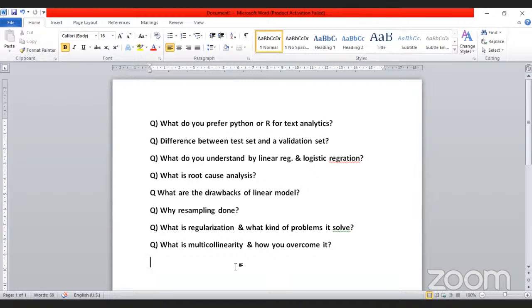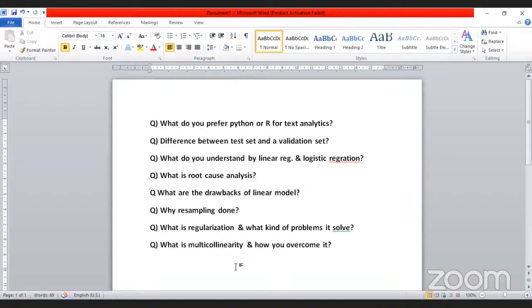When we have a multicollinearity issue, we check the summary of our model, in which we have the p-value.